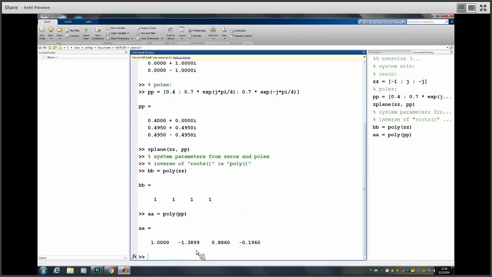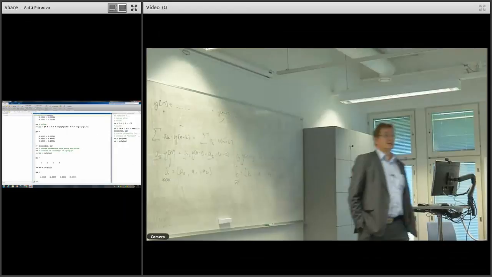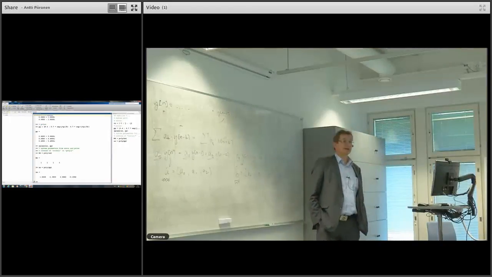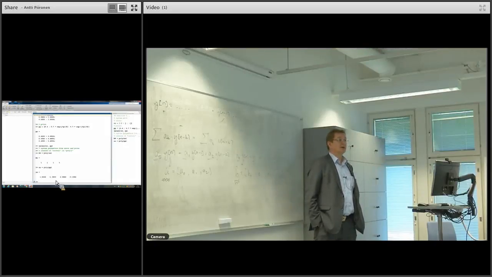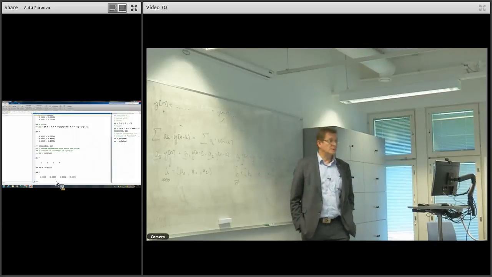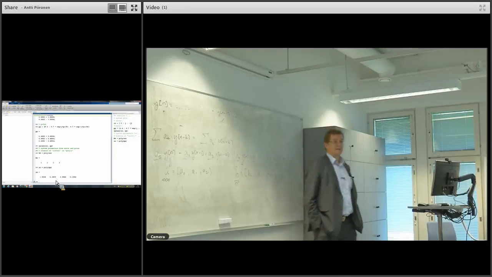Now we have a system. Those are the difference equation parameters, or system parameters for the difference equation. They also define the transfer function. On the other hand, the transfer function we already defined by the zeros and poles.